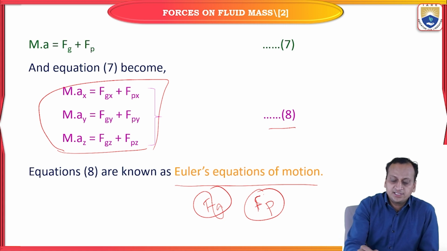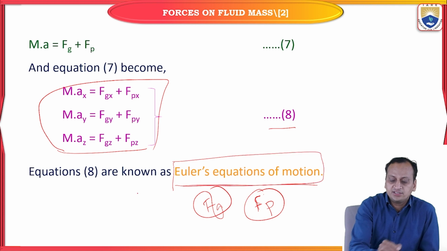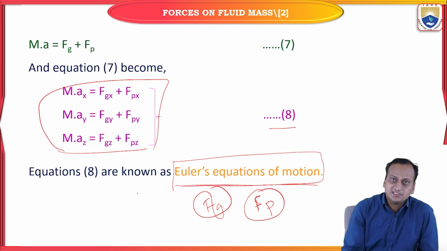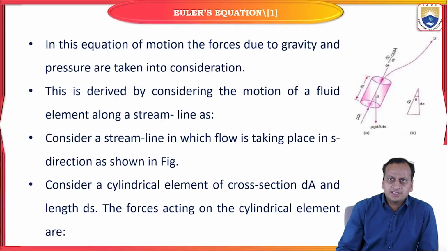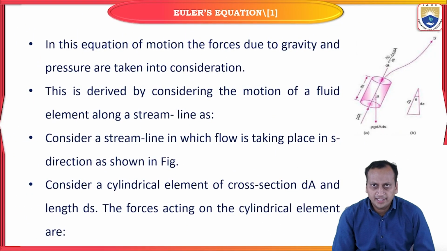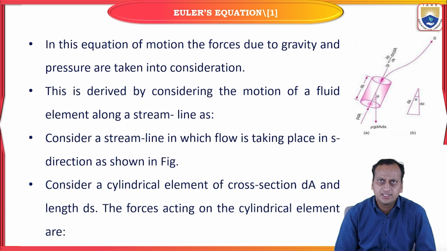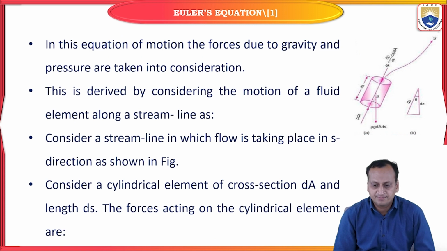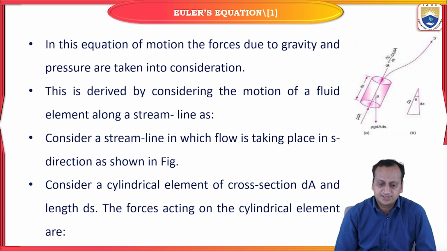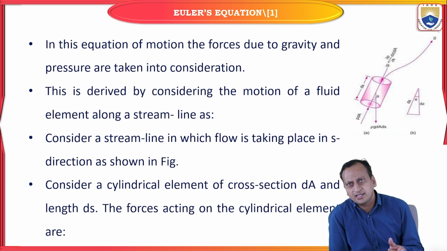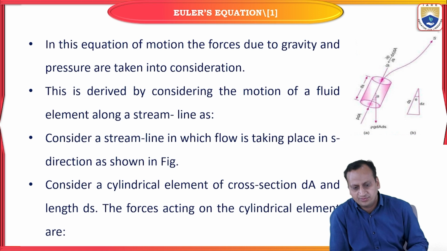So Euler's equation will consider only these two forces, gravitational force and pressure force. By including these two forces, we will derive an expression for Euler's equation of motion, by considering a fluid particle along a streamline.